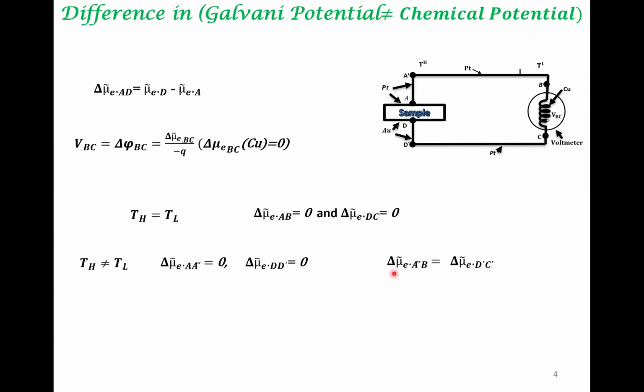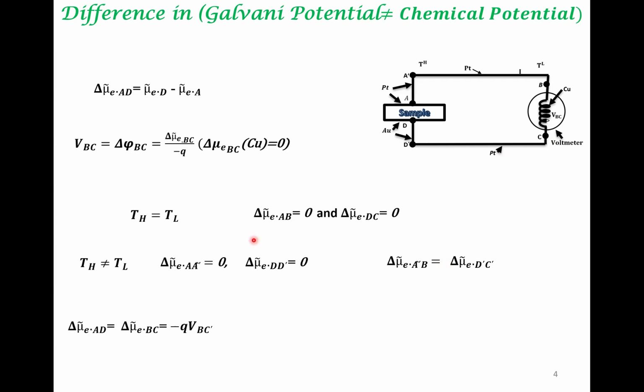And the difference in electrochemical potential between this point and this point, and this point and this point, is one and the same, because this point and this point are at the temperature TH, and both the wires are made up of platinum. So we can make this statement.